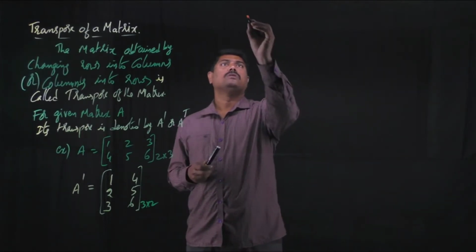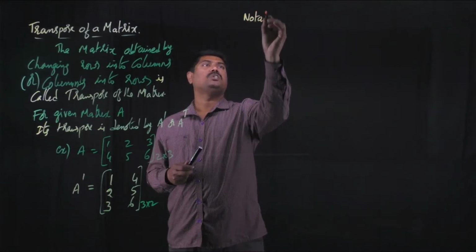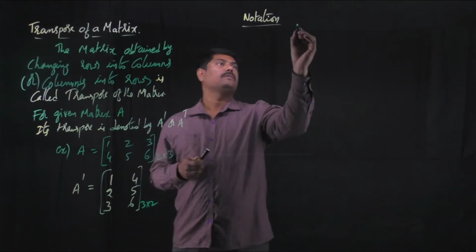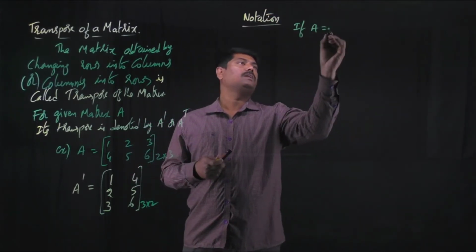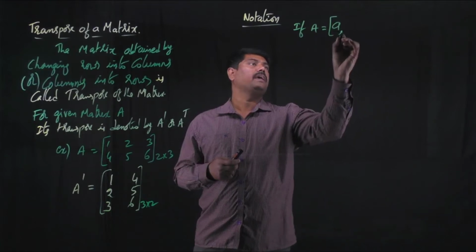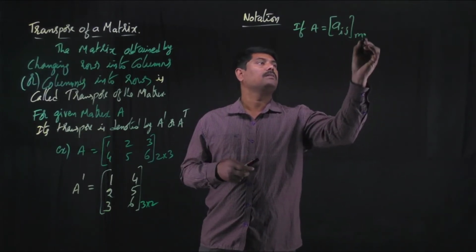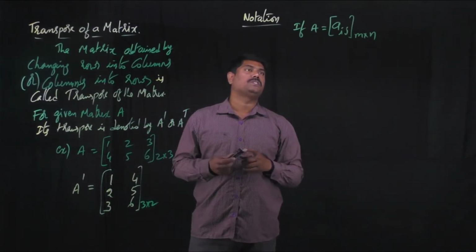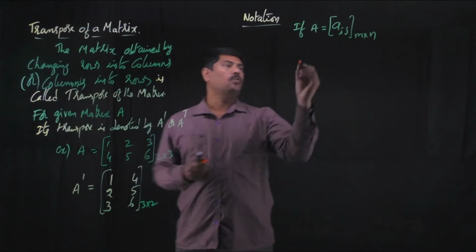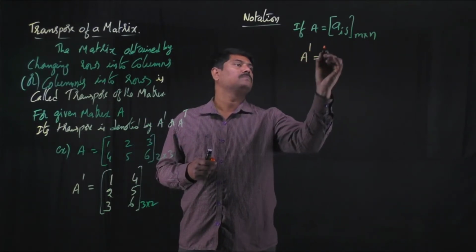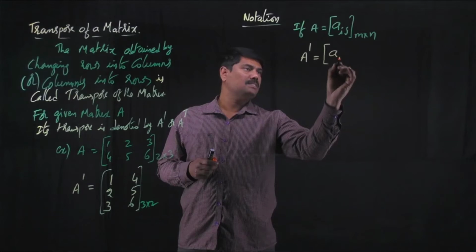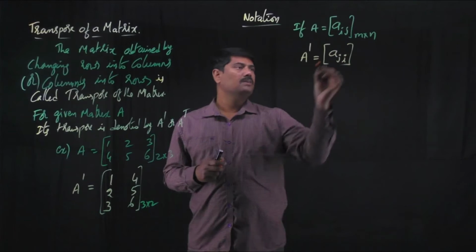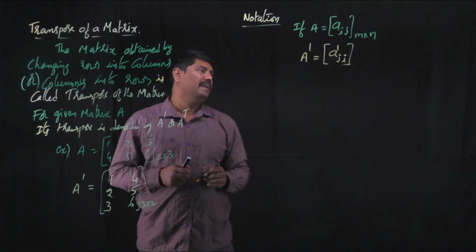Now observe this from a notation point of view. If A is equal to a general matrix A ij of order m by n, what is its A transpose? Elements reverse their position: A ij becomes A ji. With the reverse indication, I mention A dash ji.